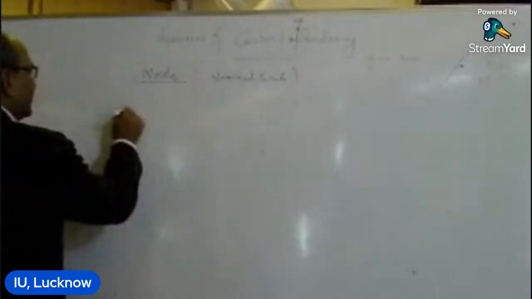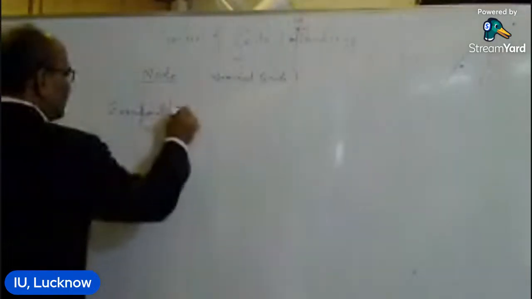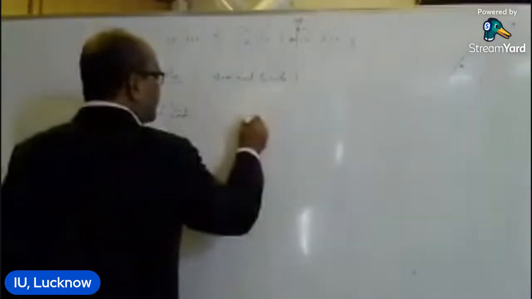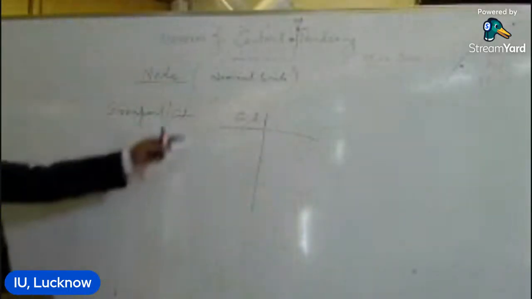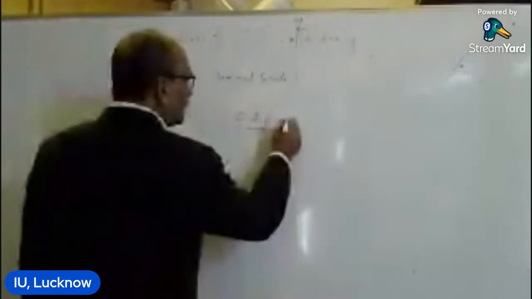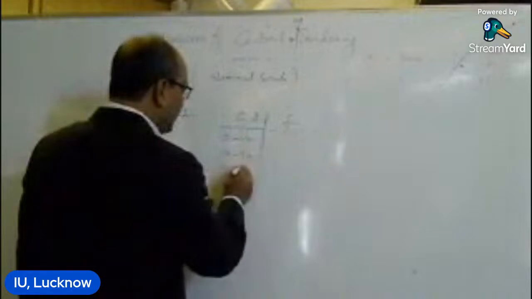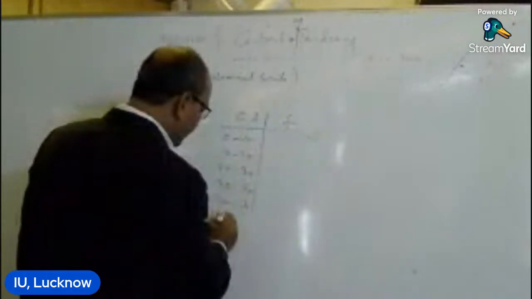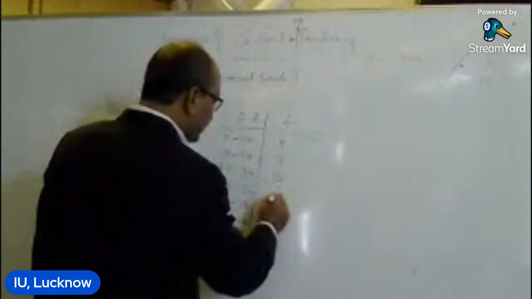Now the continuous and grouped data. Suppose we take an example of continuous data with class intervals and their frequencies: 0 to 10, 10 to 20, 20 to 30, 30 to 40, 40 to 50, and 50 to 60, with frequencies 4, 7, 10, 6, 2, 1, like this.